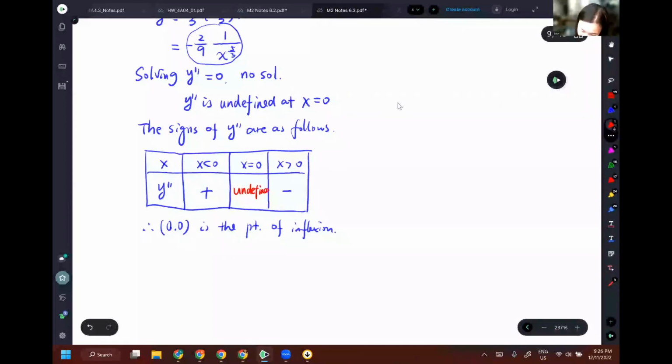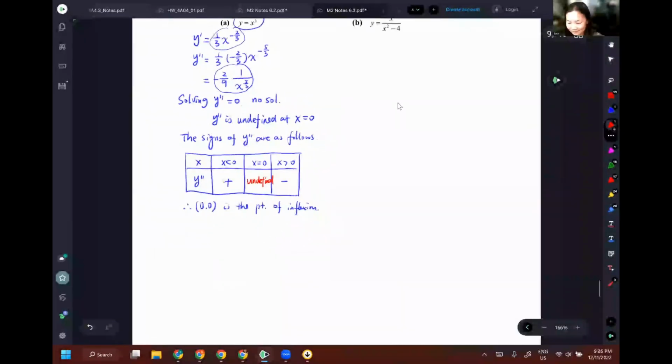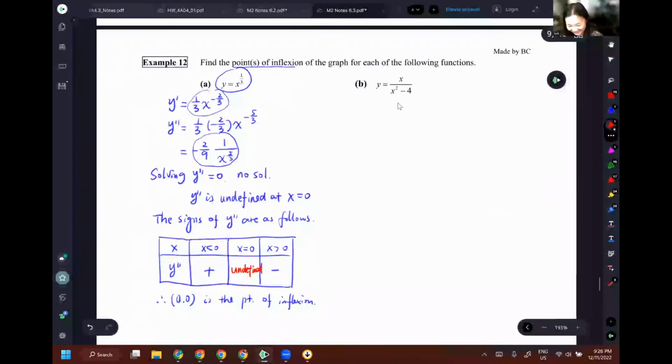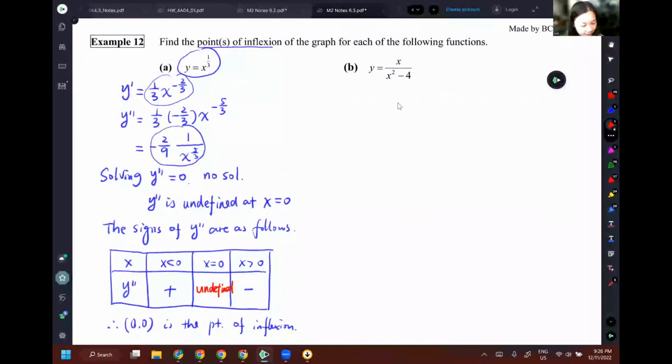Yes. I was used to writing 0. It's not 0 this time. It's undefined. Even if it's undefined, it can still have a change of concavity. Yes, Sophia. Undefined.